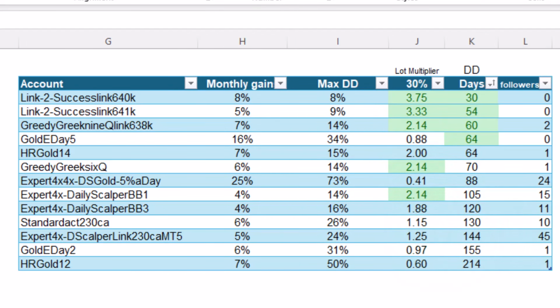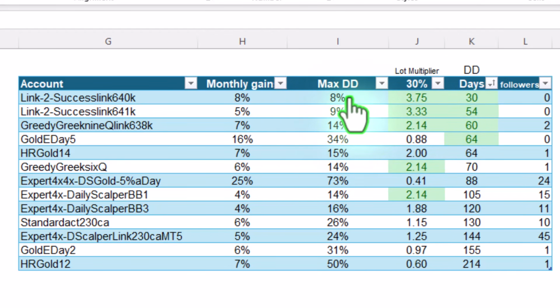Right, now we come to the next statistic, which is quite a complicated one if you're not used to knowing how to lot size. What the lot size statistic says is, if you are happy with, let's say, a 30% drawdown overall on your accounts, you can change the lot sizing to be in line with your risk tolerance. So let's have a look at that first one.